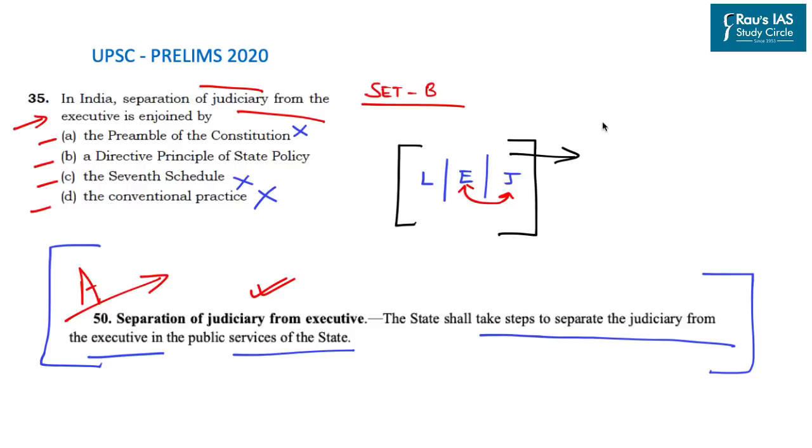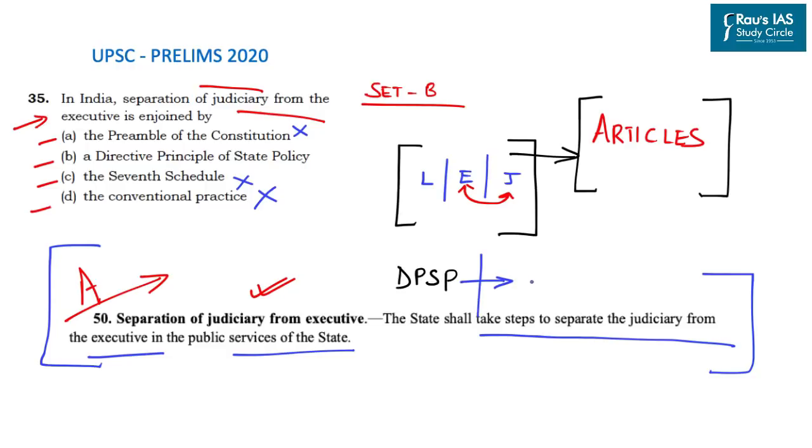And when I say within the Constitution, I mean within its articles. So even if you don't remember the number of the article, say Article 50, or in which part Article 50 comes into picture, at least you should know that it has been given in one of the articles. And we know that Article 50 forms part of Directive Principles of State Policy. So here you also need to know about DPSP and some of the important provisions of DPSP.